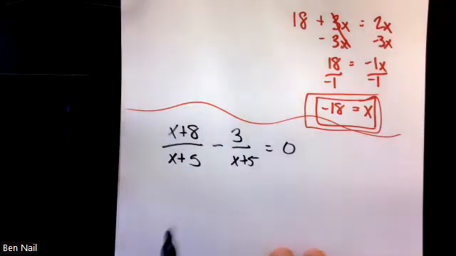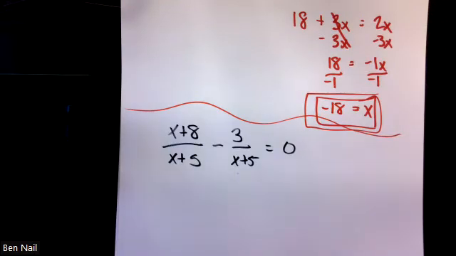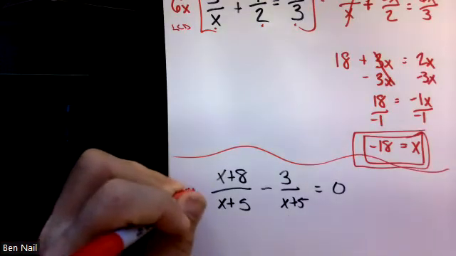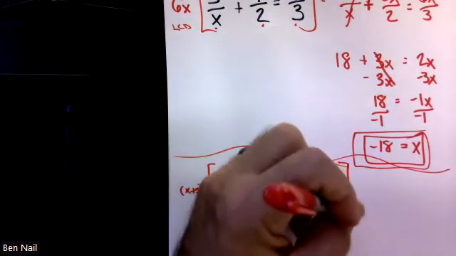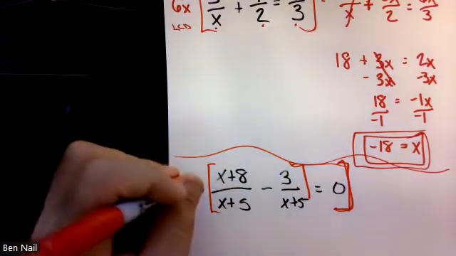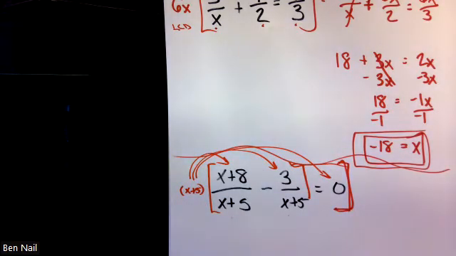Again, we want to multiply by a lowest common denominator. If we look at our denominators, our lowest common denominator is that x plus 5. So we're going to multiply everything times that x plus 5.